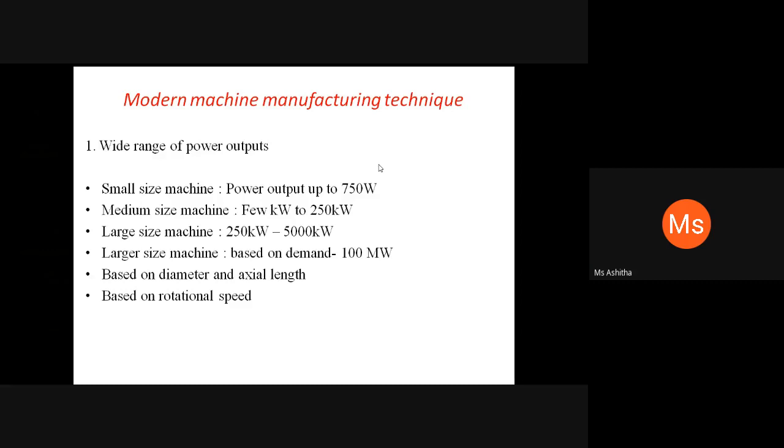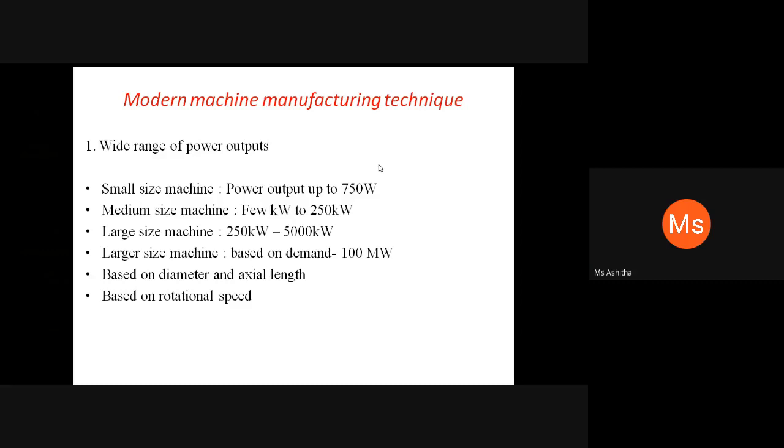The ratio of power output of the smallest machine to the largest machine is normally 1 to 10 to the power 10. The range of rotational speeds of machines also varies widely. One machine may have a speed of a few revolutions per second, while another may have 1,000 revolutions per second. So the power and the speed both vary in different ways.